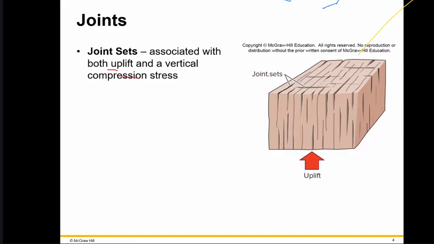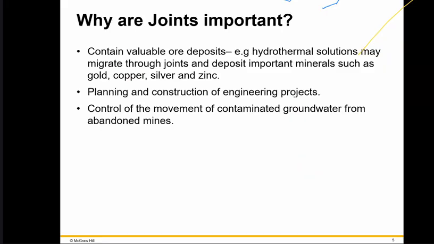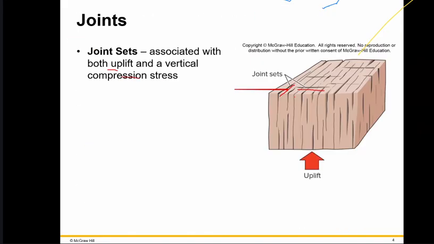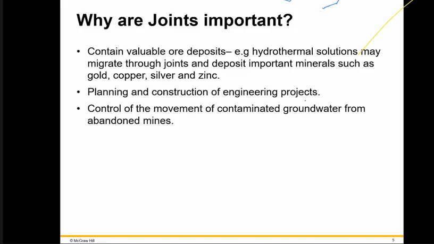So what you see here, the red arrow is suggesting uplift. And then you see different joints that make up the joint set on here. You can see some that are oriented in this direction. You can see some that are oriented in this direction. So please take note of that. So that is a joint set.